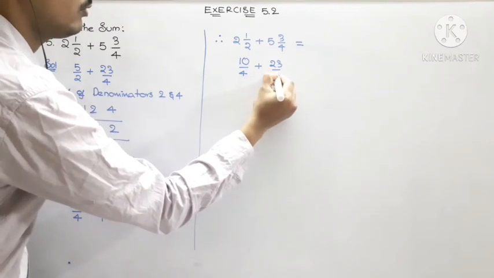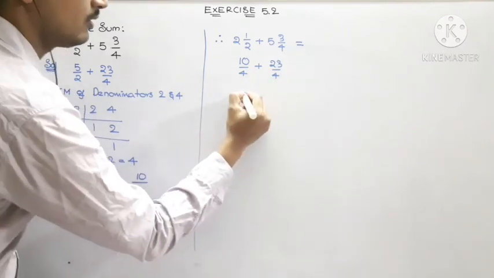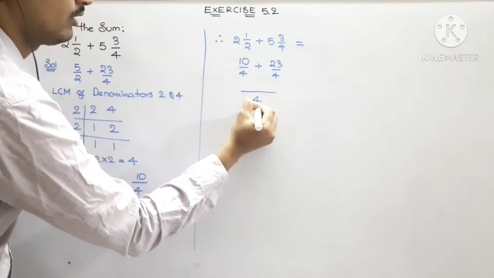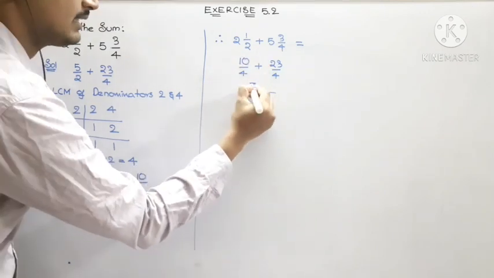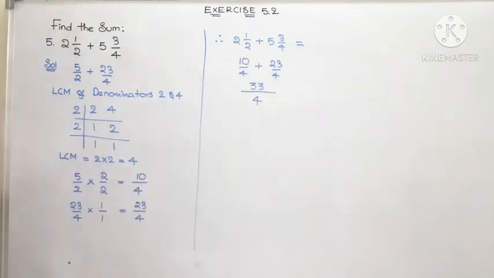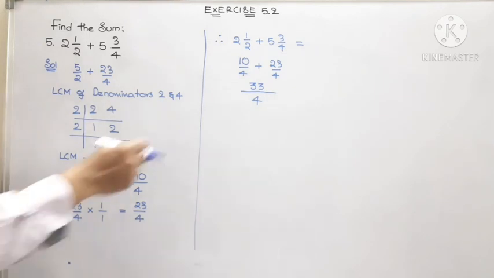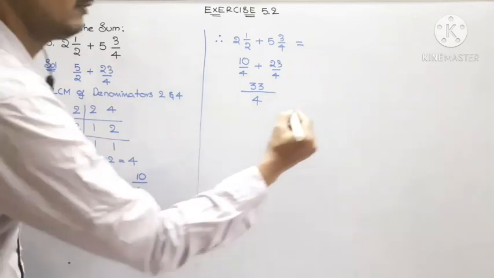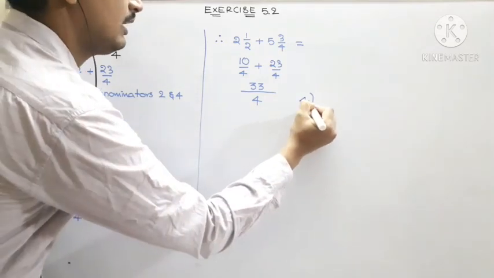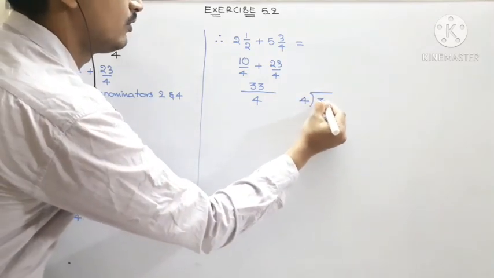Now, the common denominator is 4. 10 plus 23 is 33. Here also we have an advantage that we can make this an improper fraction. So, 33 divided by 4.